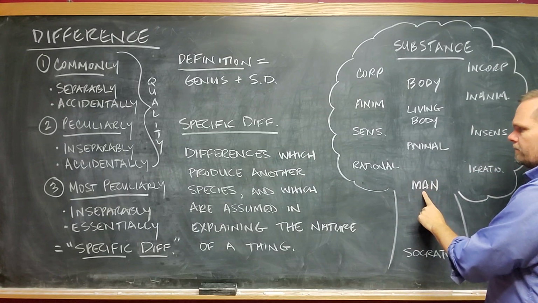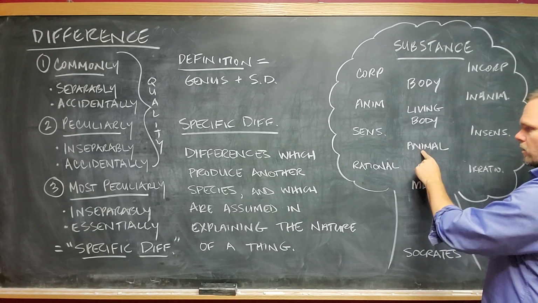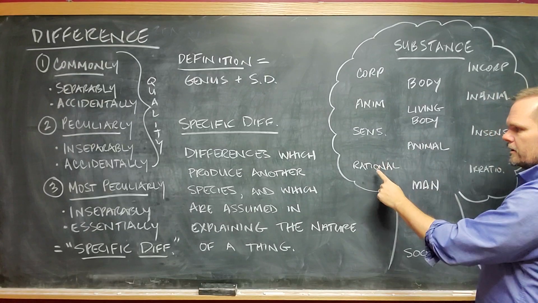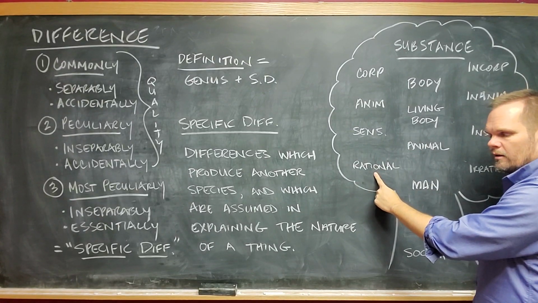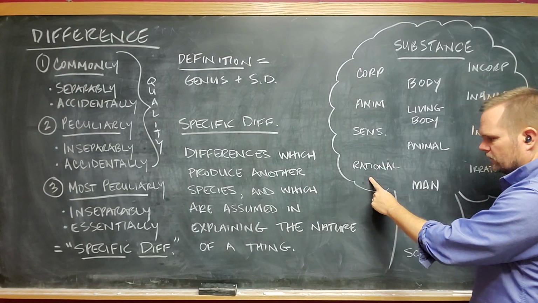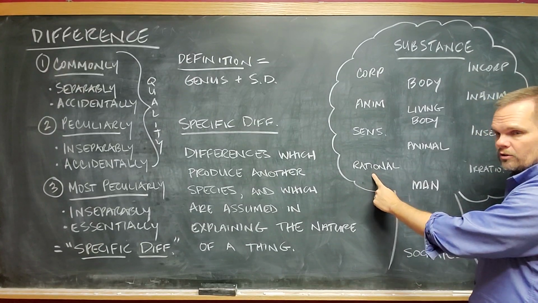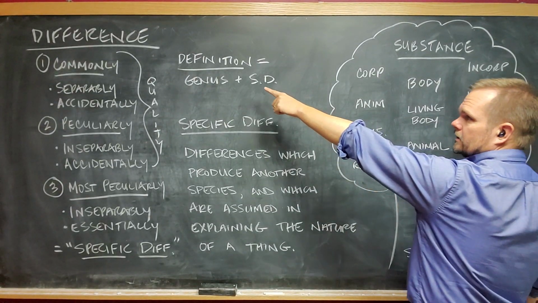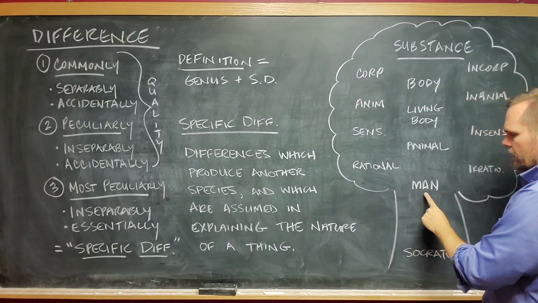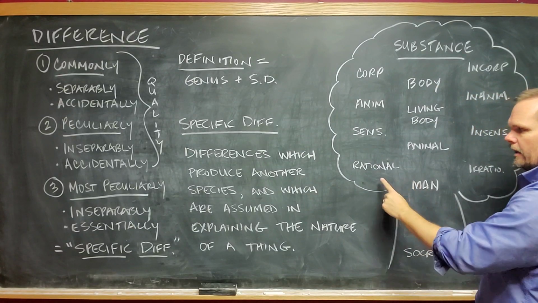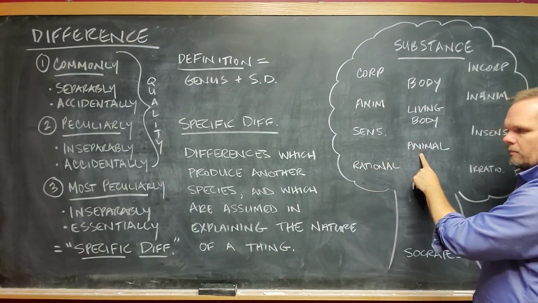So man belongs to the genus animal, but the specific difference that establishes the species man is rational. So if I want to write a definition for man, I say man is a rational animal.